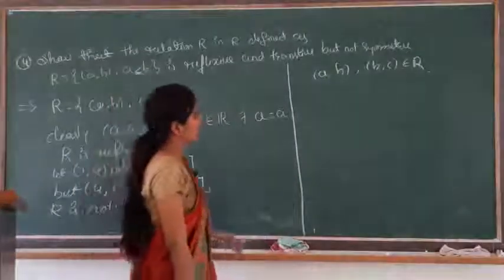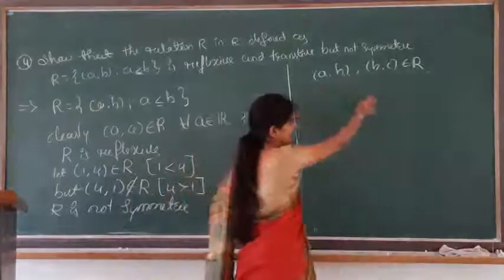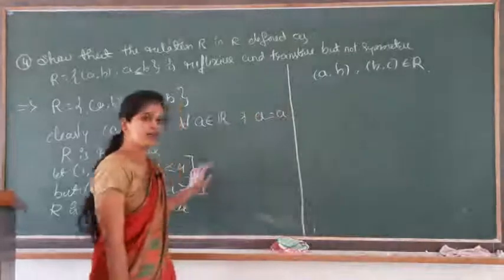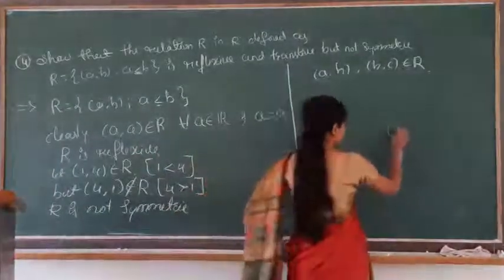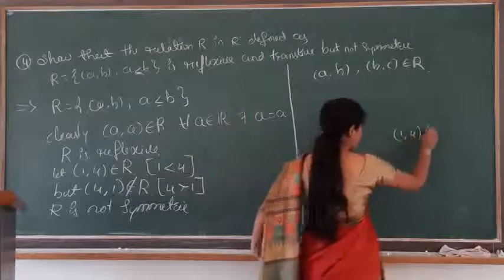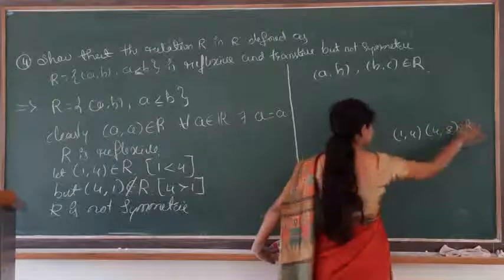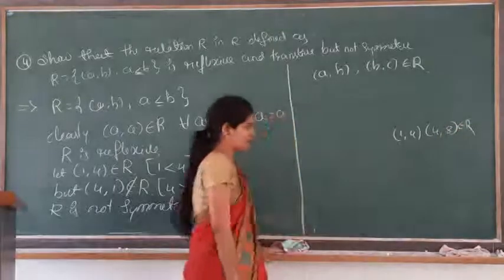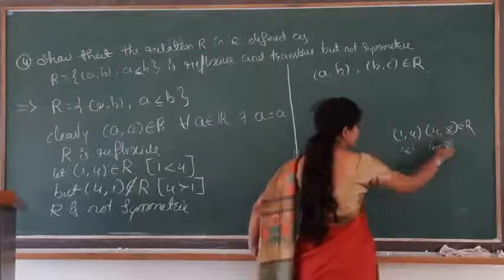(a, b) and (b, c) belong to R, and a, b, c are from the set of real numbers. For example, if (1, 4) and (4, 8) belong to the given relation R, then 1 is less than 4 and 4 is less than 8.